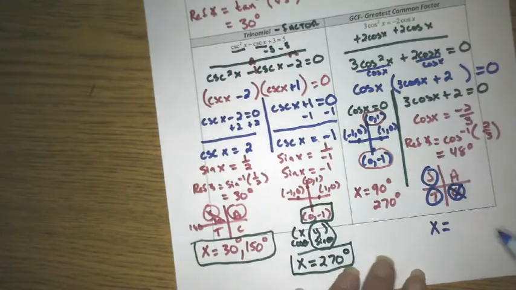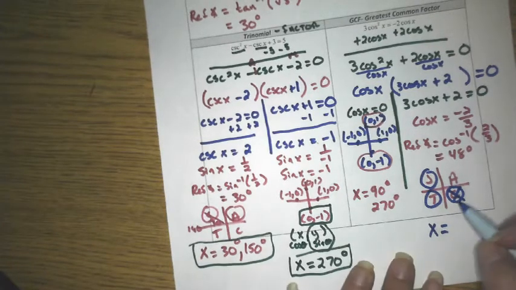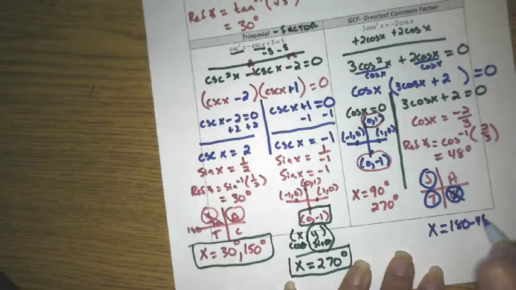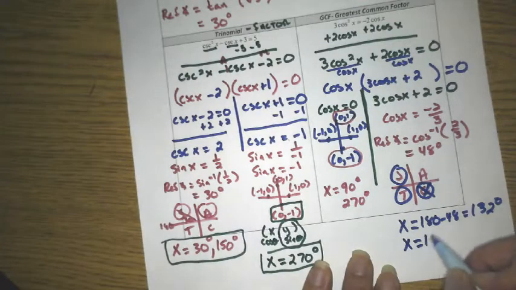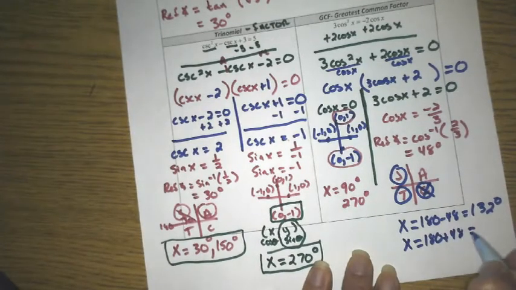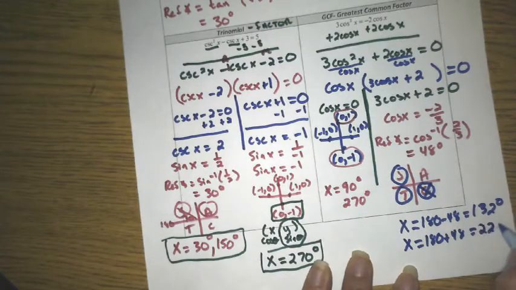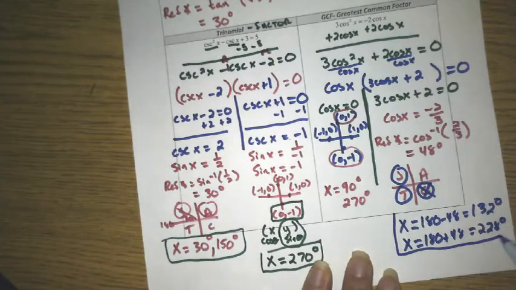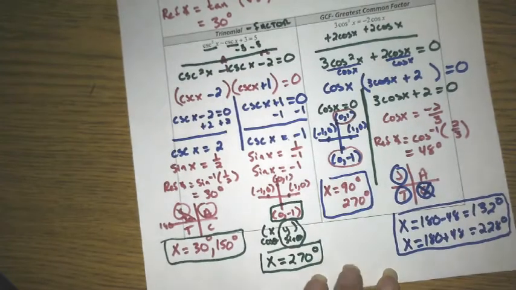In the second quadrant, I do 180 minus 48, which is 132. And in the third quadrant, it's 180 plus 48, which gives me 228. And those are your 2 answers for that part. Your other 2 answers are 90 and 270.